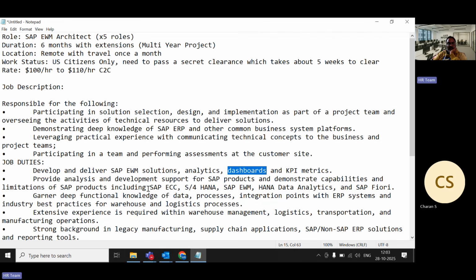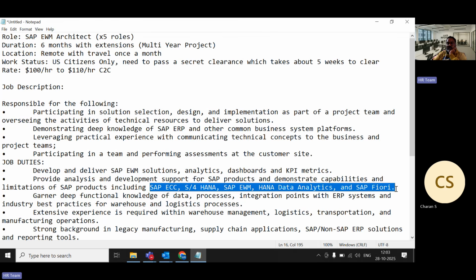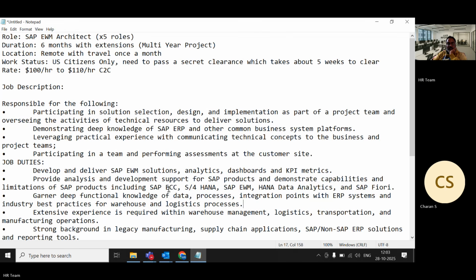Here they talk about ECC, S/4HANA, EWM, HANA, data analytics, and SAP Fiori. You should be in a position to say what the limitations, pros, and cons are, and if there are any workarounds for those limitations, to make sure the business solution supports smooth, successful day-to-day business.